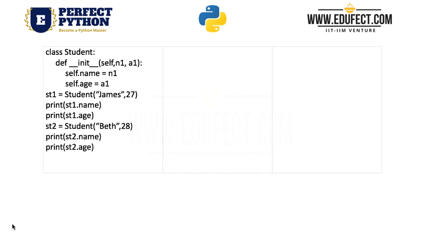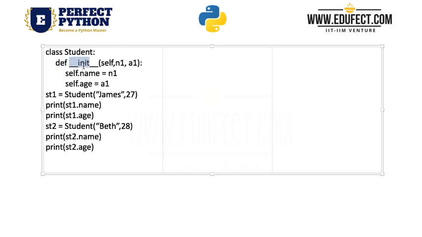So here we have our class student and we have defined its constructor. So def, we remember, is used to define a function. And what are we saying here? We are saying __init__. This is the special way we define the constructor.